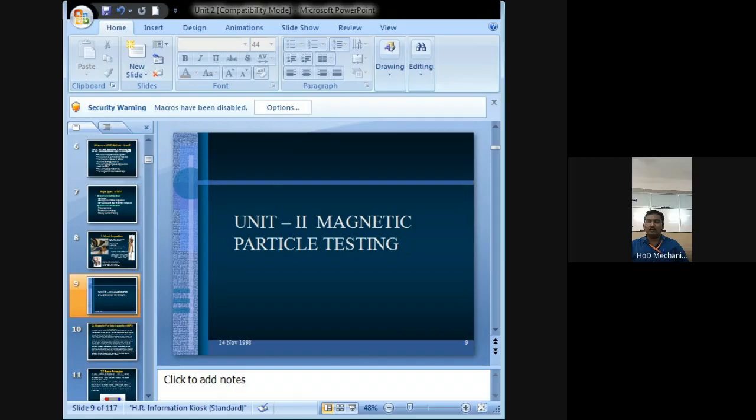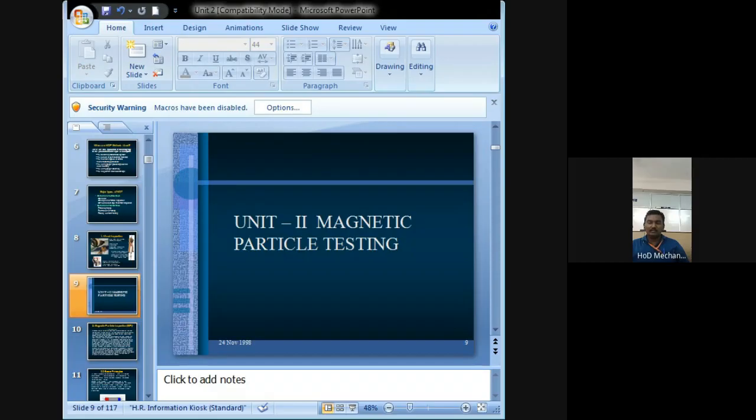And what are all the magnetic particles used for this inspection by the MPT method? It is shortly denoted as MPT. That means M stands for magnetic, P stands for particle, and T stands for testing: magnetic particle testing.